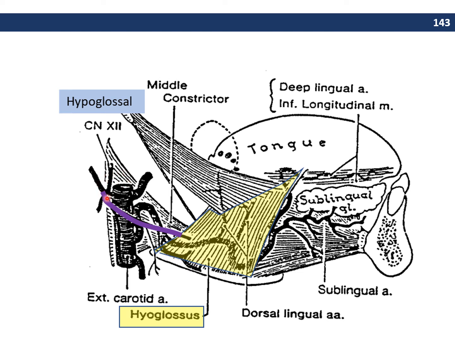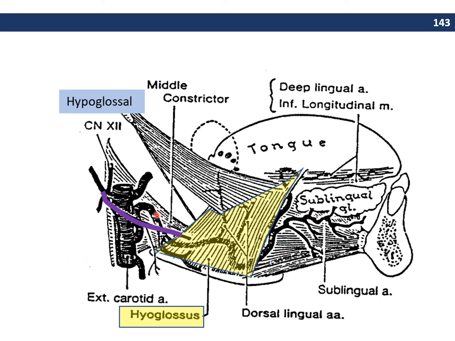Notice that the hypoglossal nerve travels on top of the hyoglossus muscle. That's one way that you can find it. It travels superficial to the hyoglossus, and then dives deep to the mylohyoid anteriorly as it is moving towards the base of the tongue.